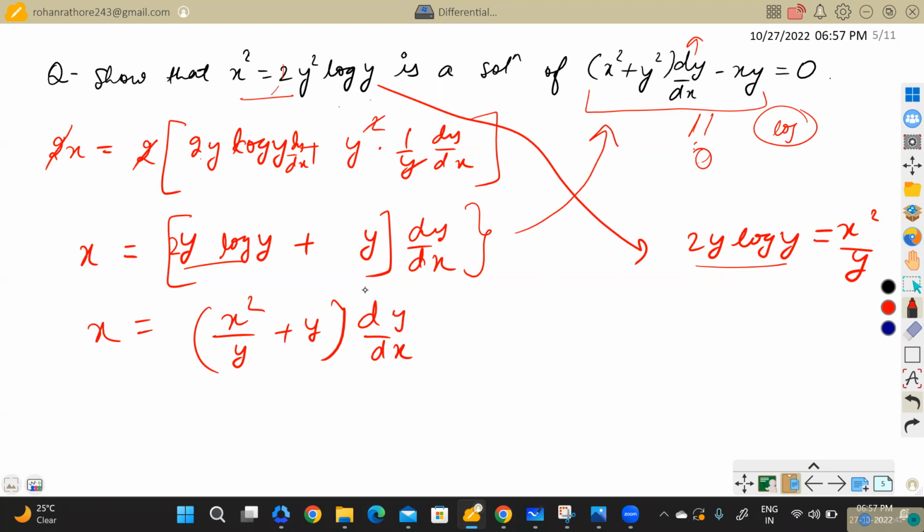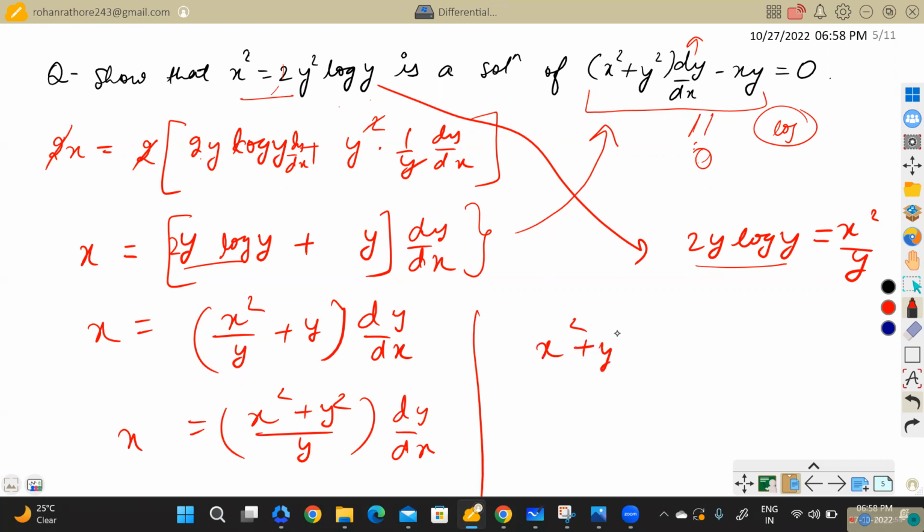So now we can just do some calculations. X square plus y square over y dy over dx. And now cross multiply this x to get x square plus y square dy over dx equals xy, or we can say minus xy equals to 0, which is the differential equation here.